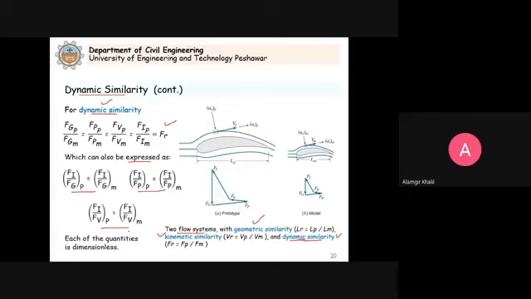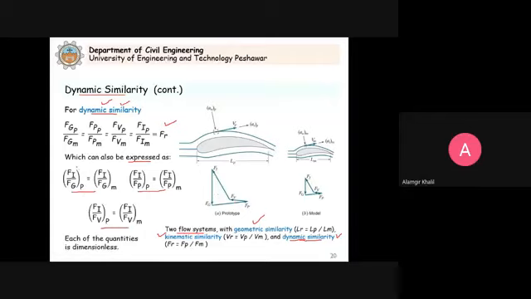So for 4 forces, 3 independent expressions we have to satisfy. Only then will dynamic similarity exist. And when we have dynamic similarity, then we can transfer the results between the model and the prototype. These are now the laws of similitude. With these laws, we can transfer the results from the model to the prototype and vice versa. This we have to ensure. And when we have dynamic similarity, it will ensure kinematic and geometric similarity already.